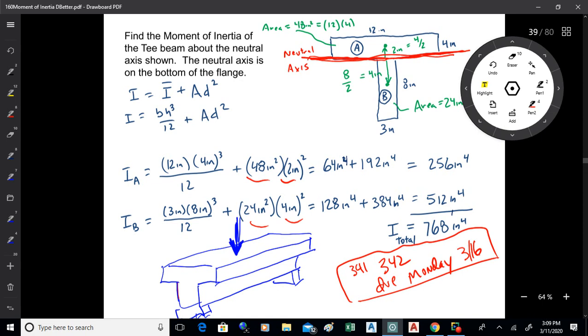Okay. And then we added that to the BH cubed over 12 term, and we got the moment of inertia for each of those rectangles about that neutral axis. Then we added those two together and got the total. So we okay with that so far? That's the basics of what we're doing.